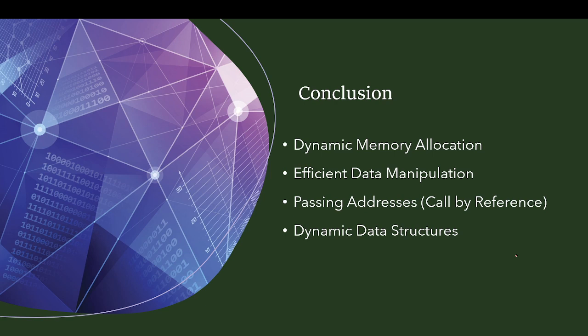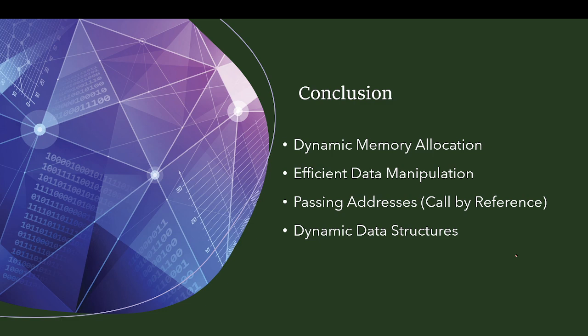Pointers enable efficient manipulation of data by directly accessing and modifying memory locations, allowing for optimized algorithms and data structures. Passing addresses of variables to functions allows modification to original data, facilitating more efficient parameter passing and data manipulation.